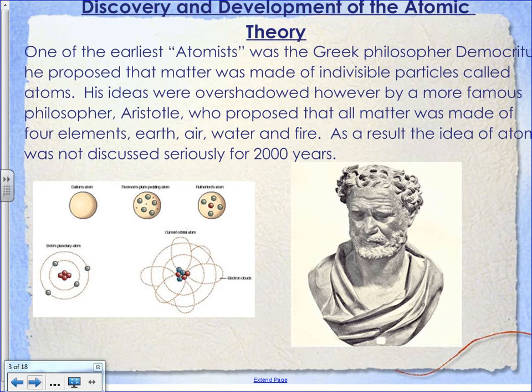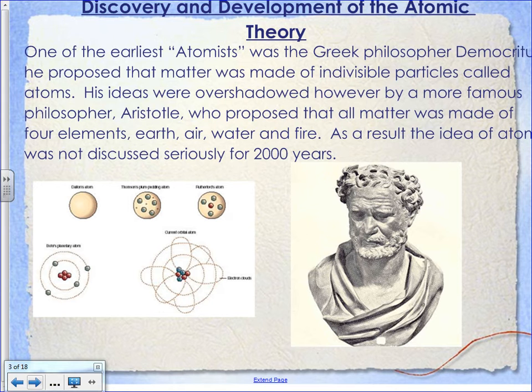It's a pretty sweet gig to have. His idea was that all matter was made of these tiny, indivisible particles called atoms. Indivisible, not invisible. They're just so small that you couldn't break them apart. They would be the smallest unit of everything that existed.